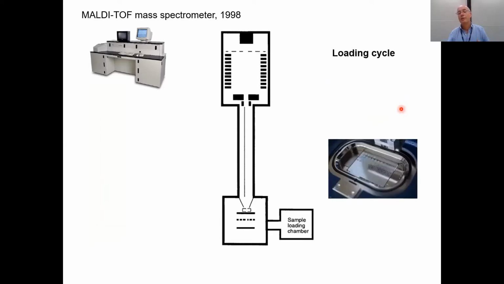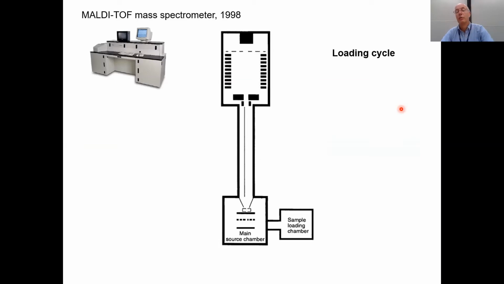We now need to introduce the metal target into the high vacuum, and we do this through a sample loading chamber. And this works rather like an airlock in spacecraft, except it's the opposite way around. We're moving from atmospheric pressure to high vacuum, and this is done mechanically, and it will load the sample into the source chamber.